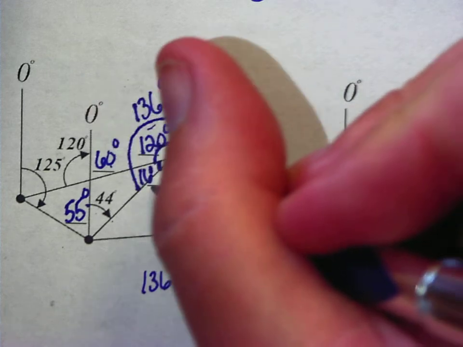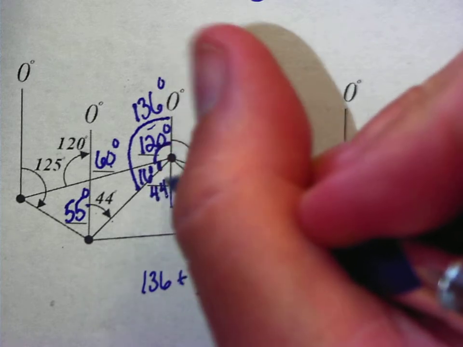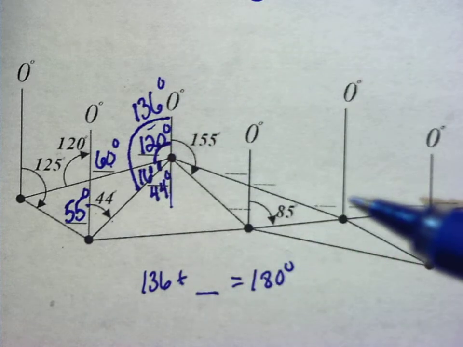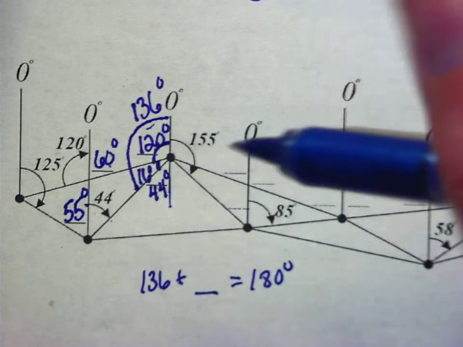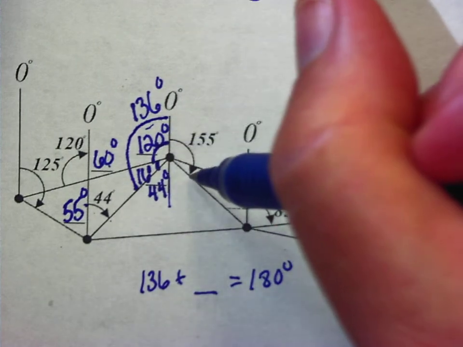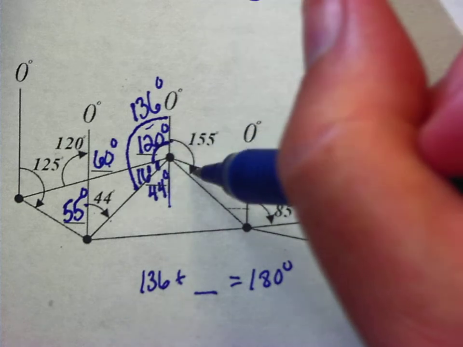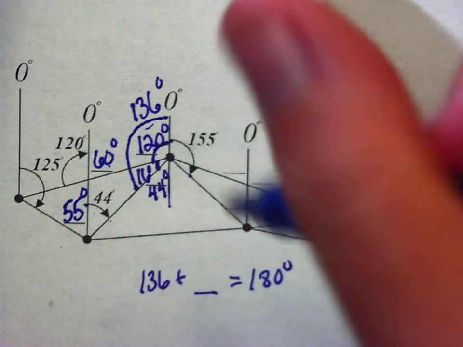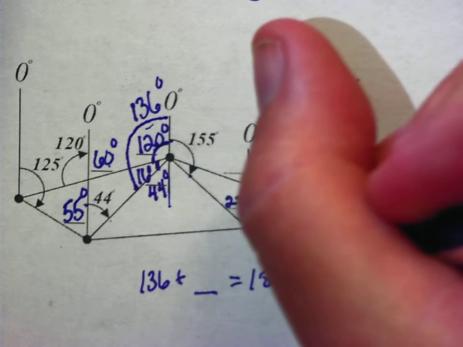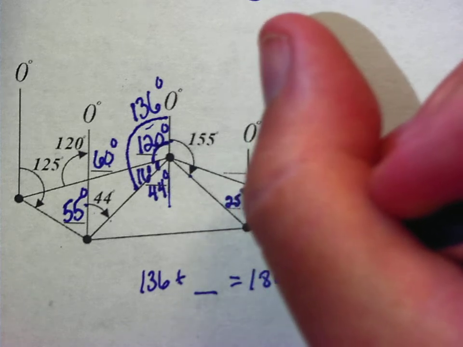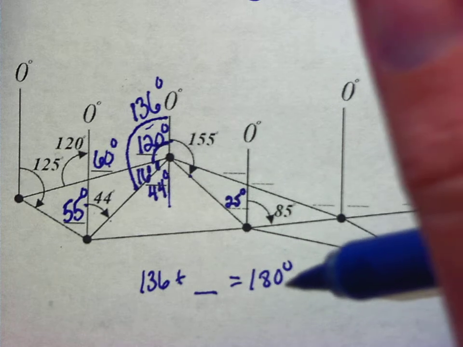Therefore, this angle down here must be 44 degrees. Now we move on to this angle here, which is 155, from here down to here. This angle down here must be 25 because they have to add up to 180.